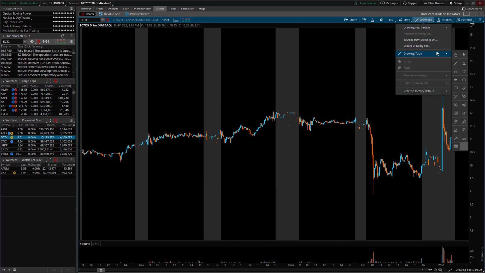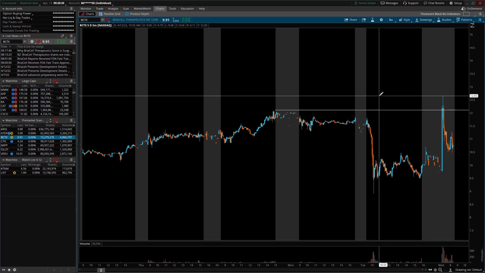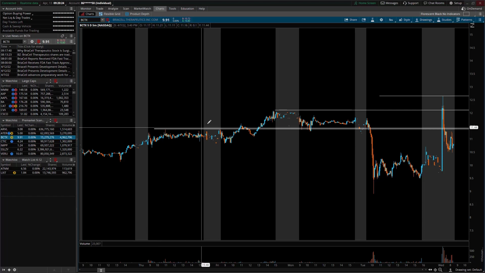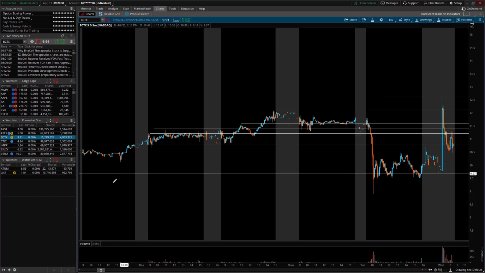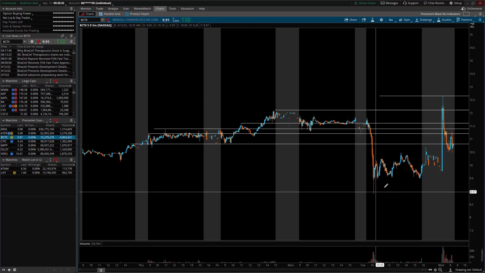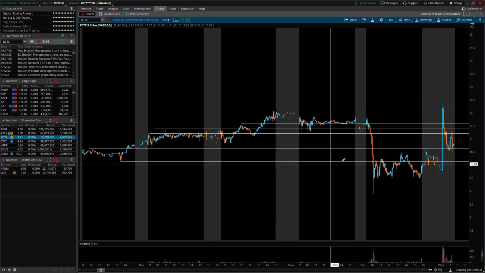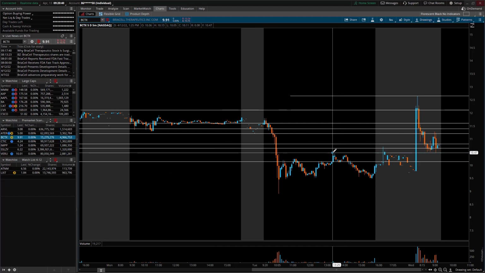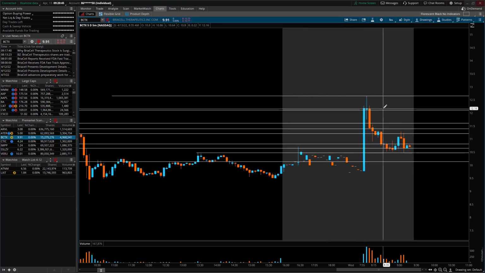So again, I would just go back over here, map out these levels right over in here. You'll see pre-market high, these levels back over in here. So just mapping out highs and lows. Here, here, that gives you those areas of support and resistance.